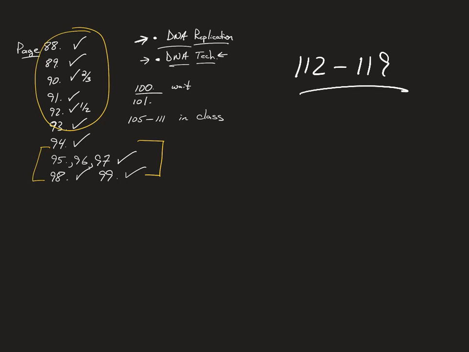If you understand those pages, you are ready for the test. That's what your test is on Wednesday. It's on pages 112 through 119. That's all the stuff we've been talking about. Transcription, translation, it's all there, step by step. Are we clear?